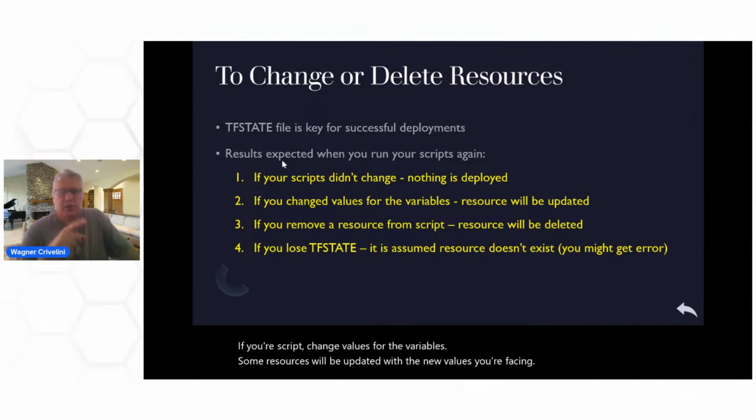If you remove a resource from your script, this resource will be deleted. No matter what you have, it will be deleted. And if you lose your tfstate, a new resource will deploy as if there was no other created. So you may get an error message in this situation if the name you're using already exists.